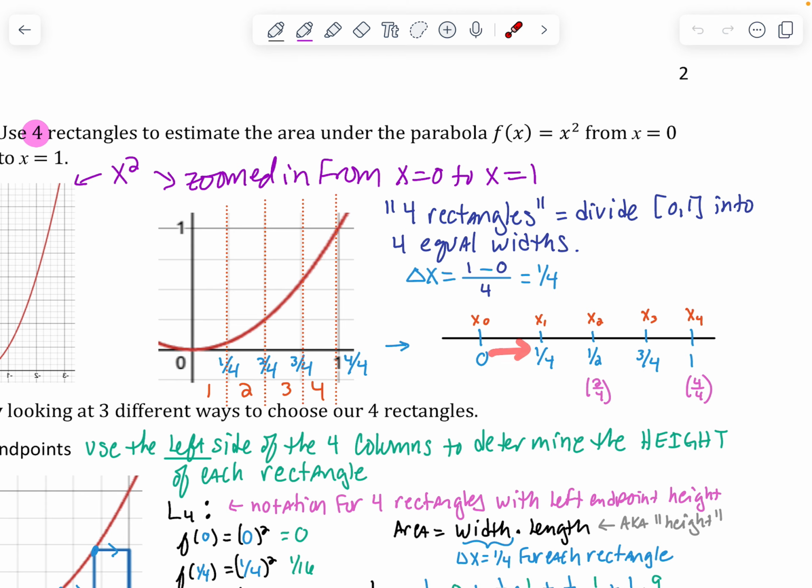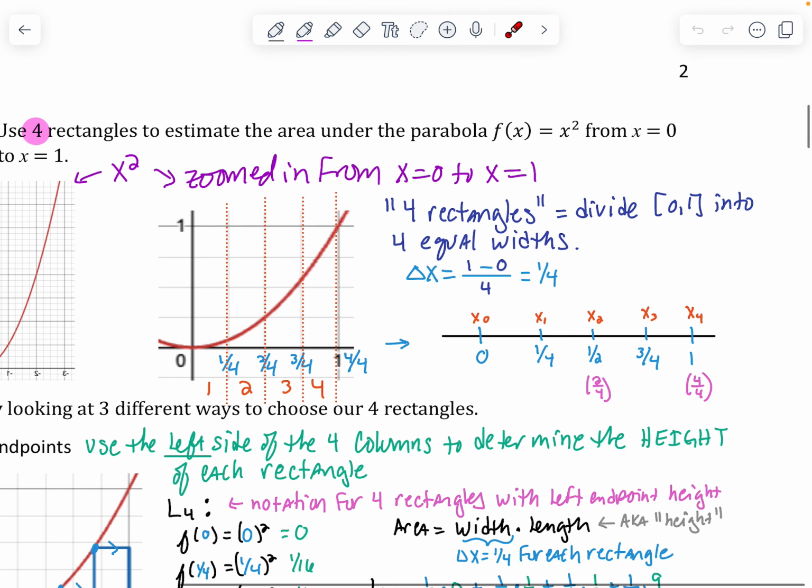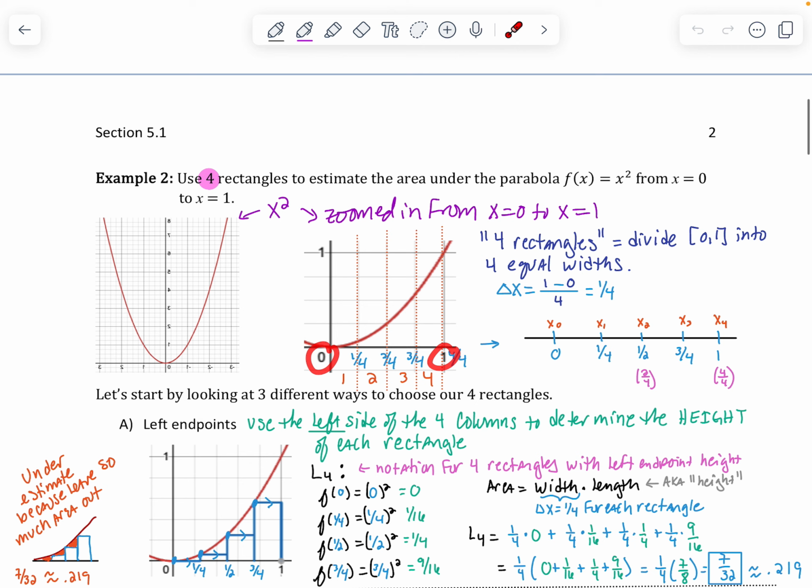If I start at 0 and step by 1/4, I will be at my first x1. If I add another 4th to give me 2/4, which simplifies to 1/2, add a 4th, add a 4th. You'll notice this creates 1, 2, 3, 4 equal columns between 0 and 1.